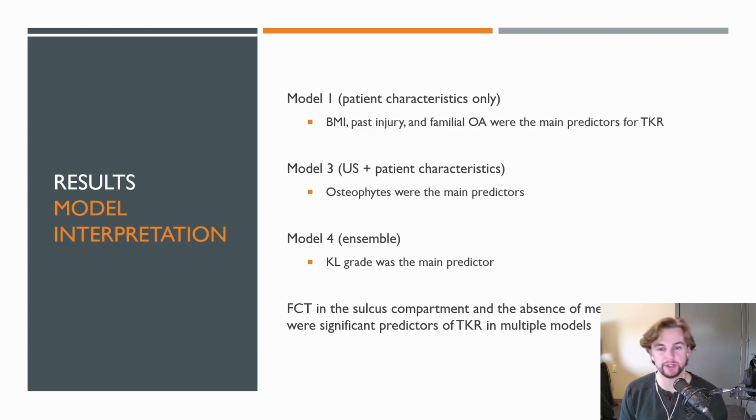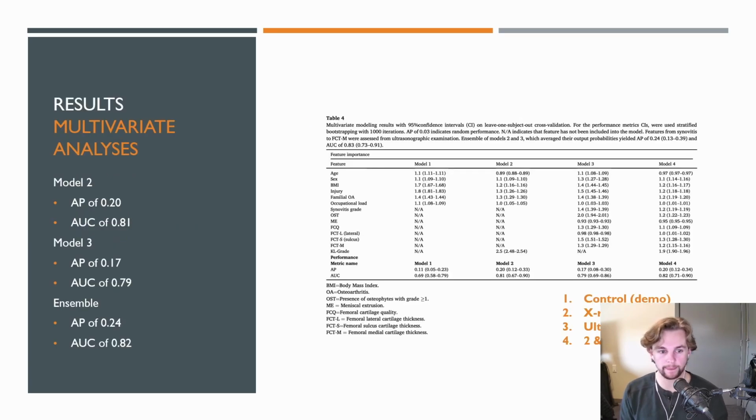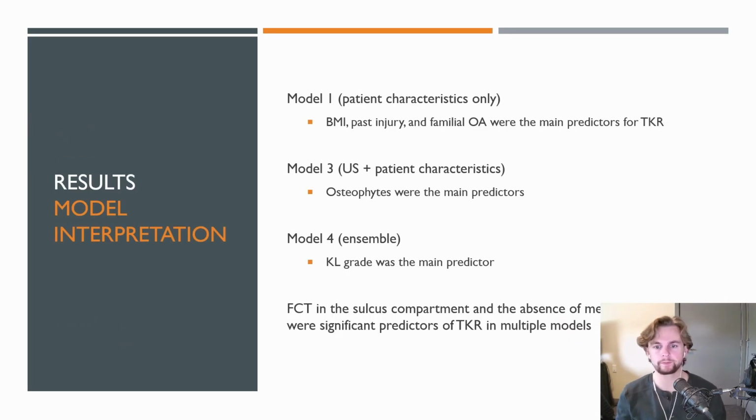So again, this shows that in that ensemble model, KL grade was still more of a predictor than the ultrasound, but we still see that the combination of the two actually outperformed the X-ray alone. And then FCT in the sulcus compartment, in the absence of meniscal extrusion, were significant predictors of total knee replacement across all models.